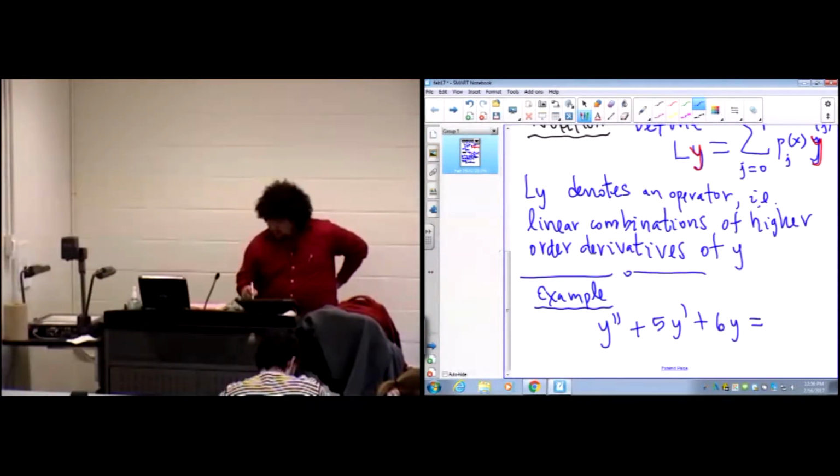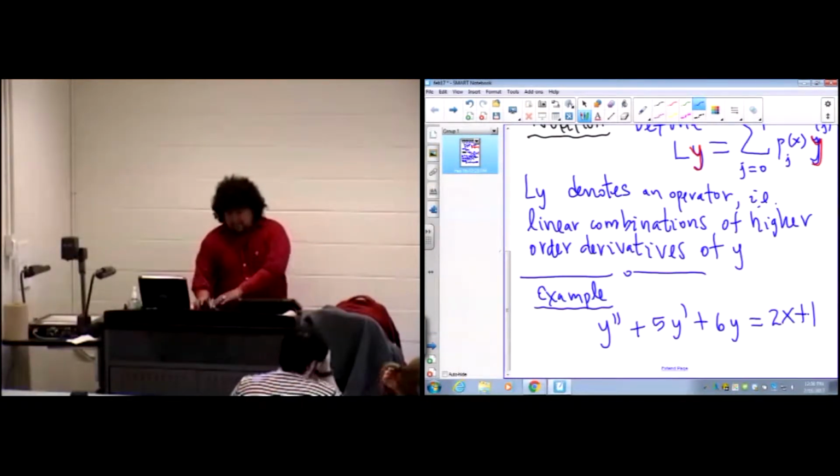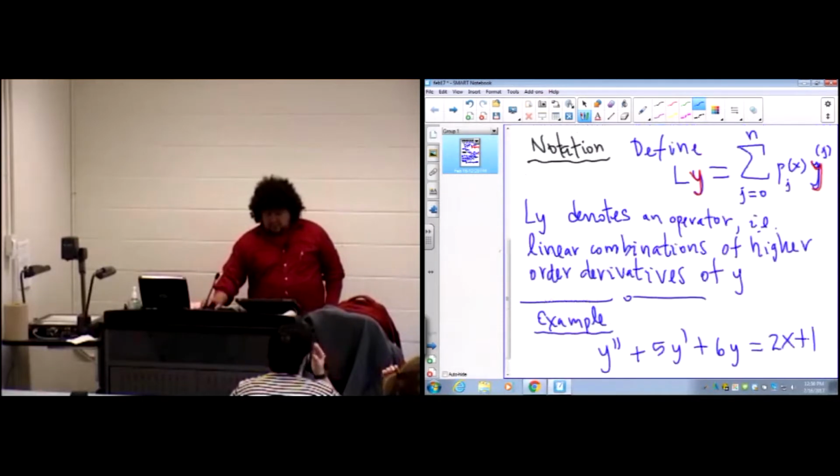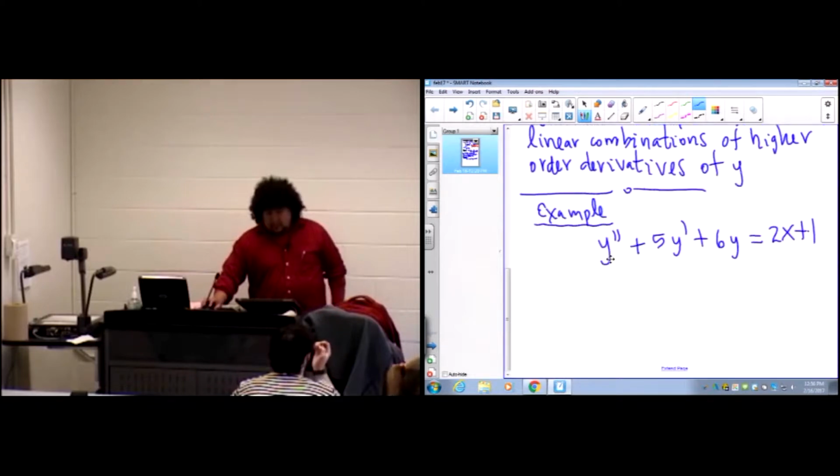If I wanted to use the summation notation there, this would be a summation with the index j going from 0 to 2. So j would take values 0, 1, and 2. We would stop at 2, which is the order of the highest derivative in this expression.